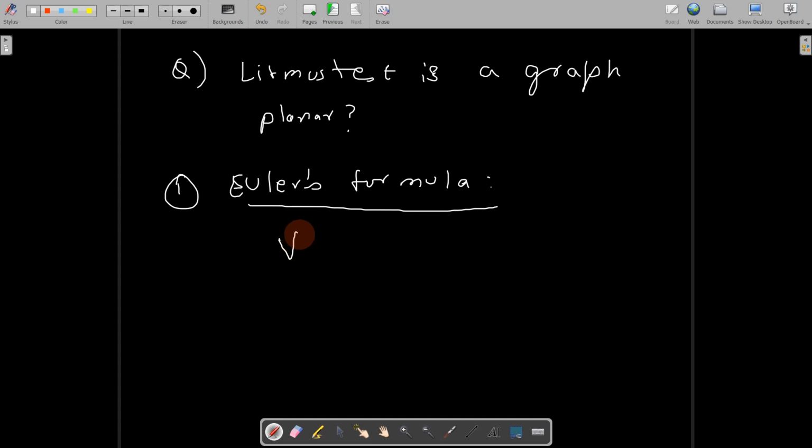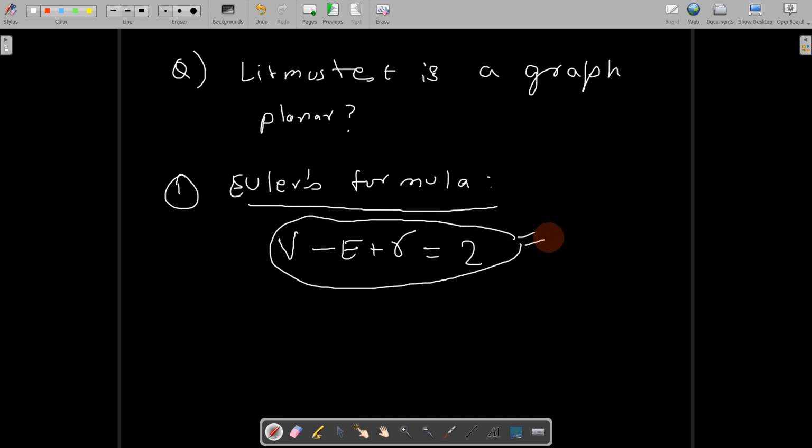That is, the number of vertices, I am representing it using V, minus the edges E, plus the regions R which are enclosed by the edges, by the cycles, should be equal to 2 always. And this is true for connected graphs. Okay, connected simple graphs.